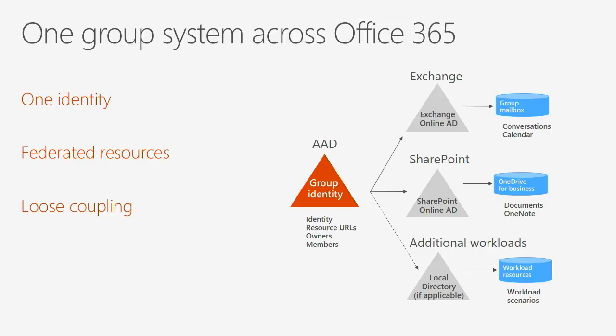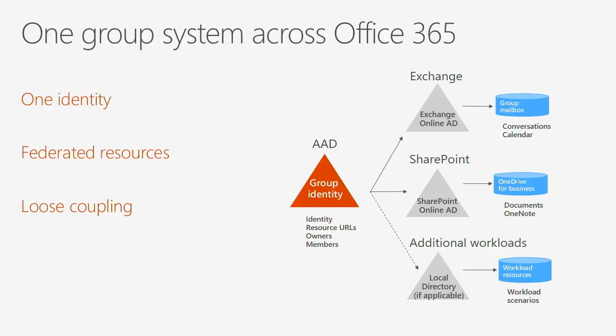The key piece is Azure Active Directory, as that's where the identity store is. It creates an Azure AD group, and the membership of that is stored in that location. Then it has a loosely coupled relationship with each of those different services, where the parent Azure AD group identity is pushed through to all those different areas as and when needed.